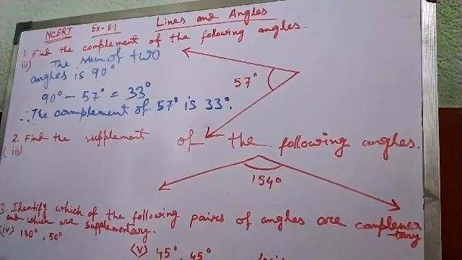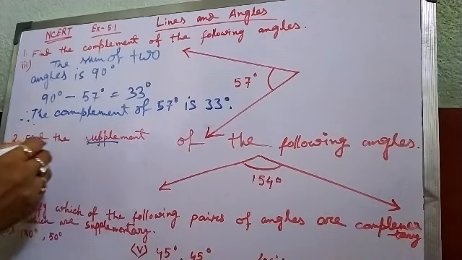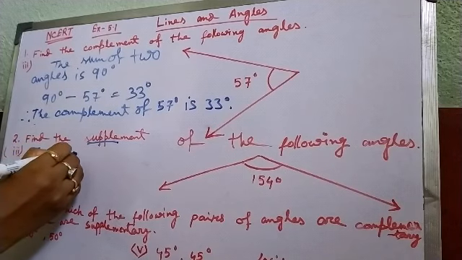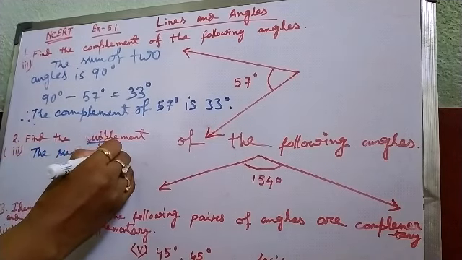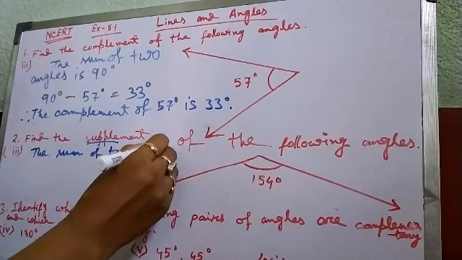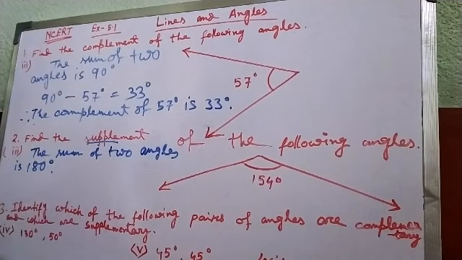Now the second one. Find the supplement of the following angles. Supplementary angles means the sum of two angles is 180 degrees.